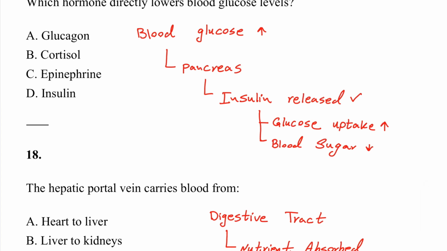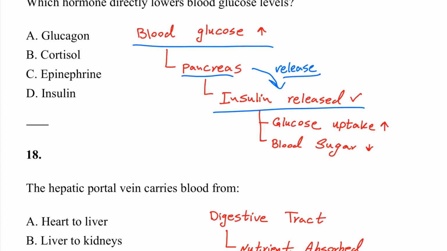Which hormone directly lowers blood glucose levels? A. Glucagon, B. Cortisol, C. Epinephrine, and D. Insulin. Blood glucose regulation depends on several hormones. However, only one hormone directly lowers blood glucose levels. When blood sugar rises, beta cells in the pancreas release insulin.